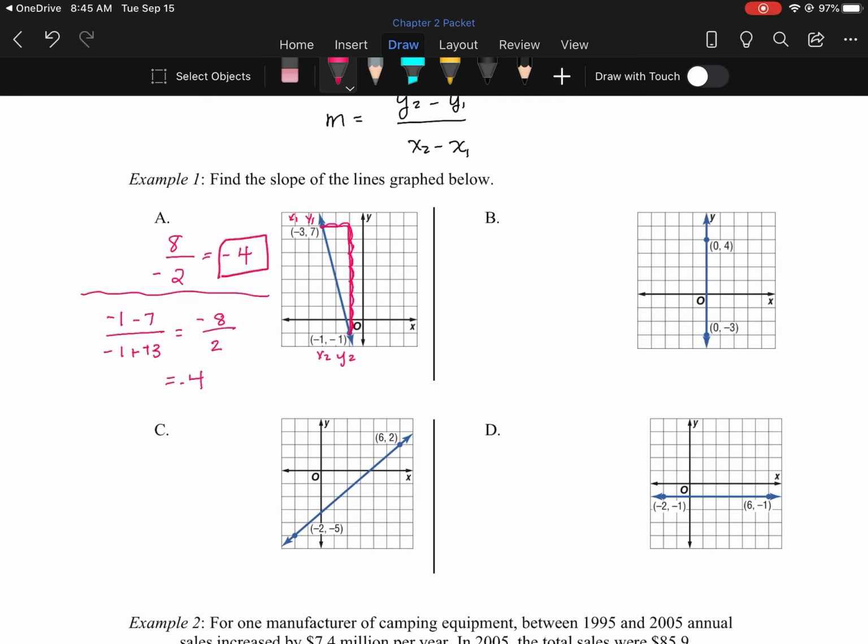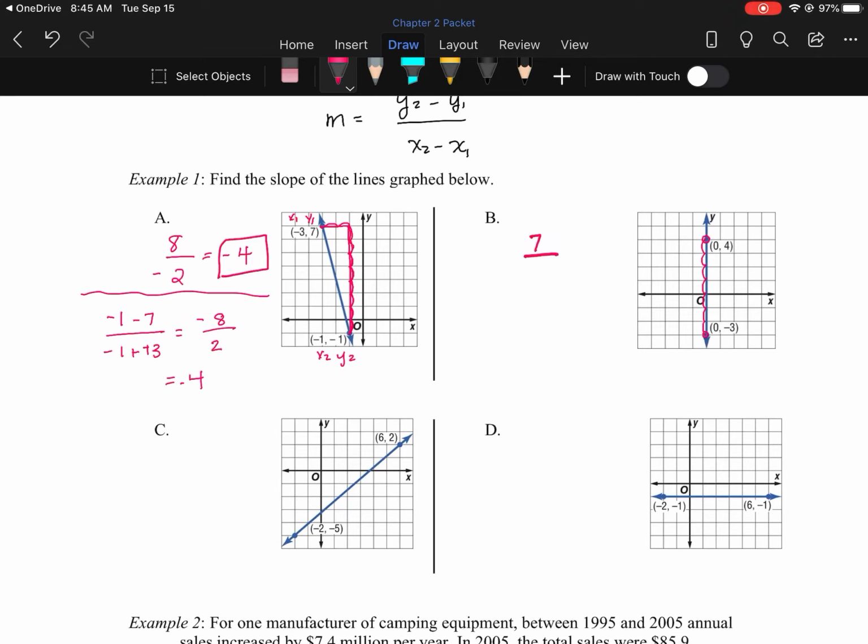For B, if I'm going to these 2 points, I can't make a triangle to go from the point up there to the point down here. So I'm just going to do rise over run. I go 1, 2, 3, 4, 5, 6, 7. So I rose 7, so that's my y value. But do I run at all? Do I have any movement from left to right, any horizontal movement?